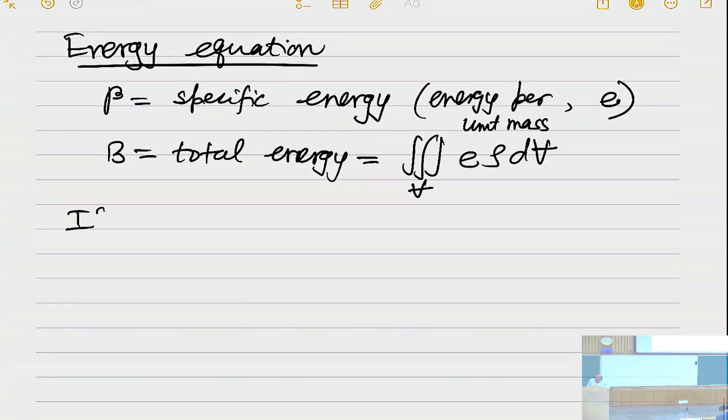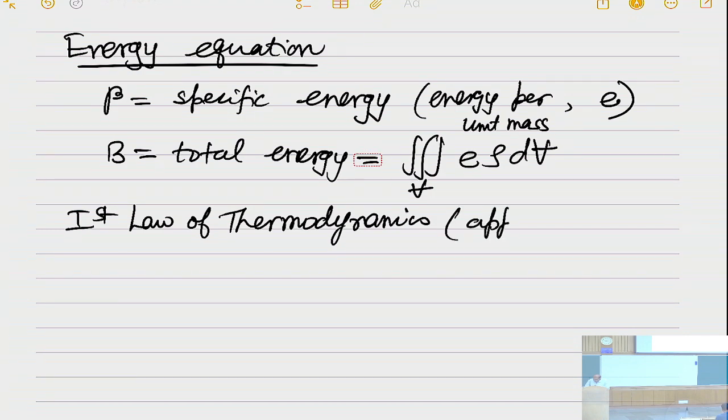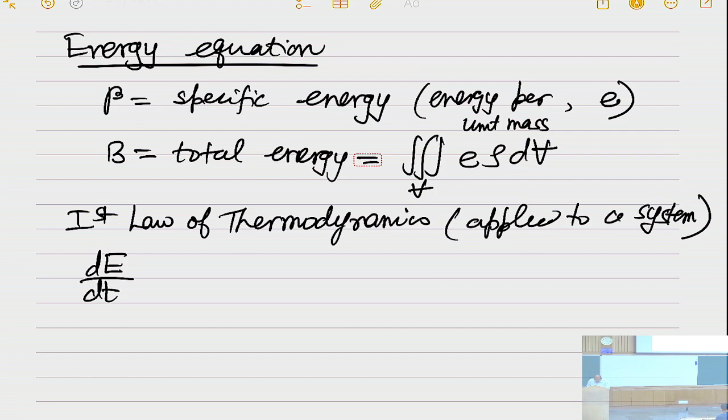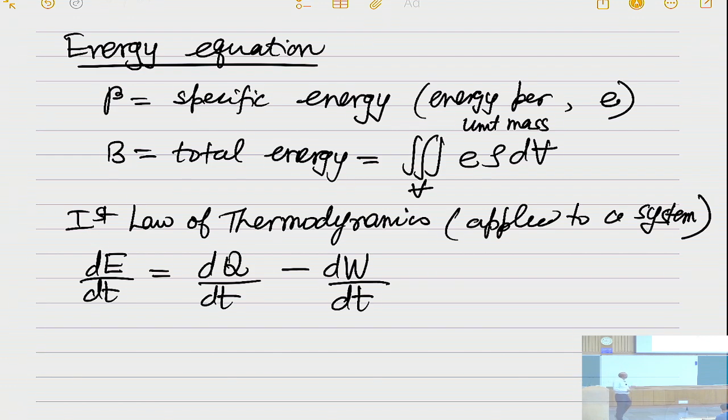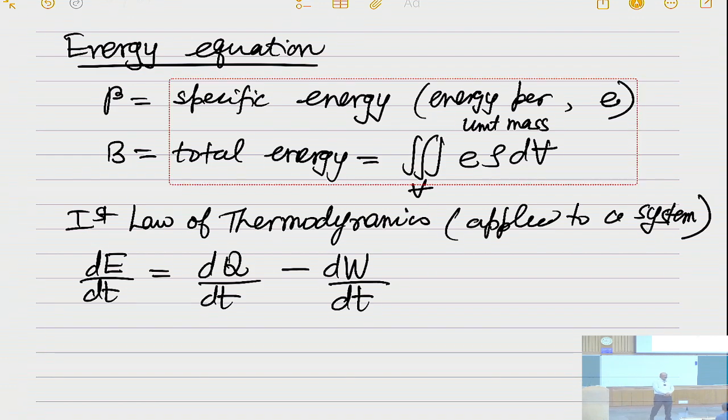Now the first law of thermodynamics, now this is applied to a system. This gives us, of course, when you are doing this, there is always a big confusion whether it is minus dW by dt or plus dW by dt.